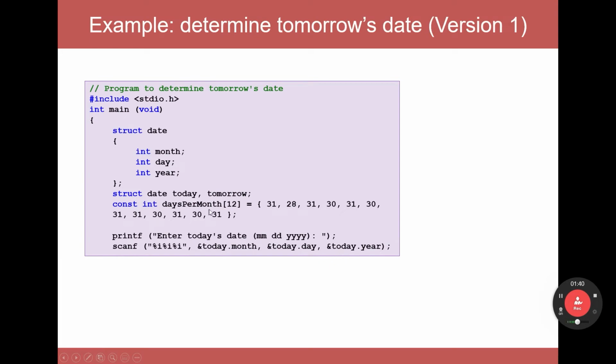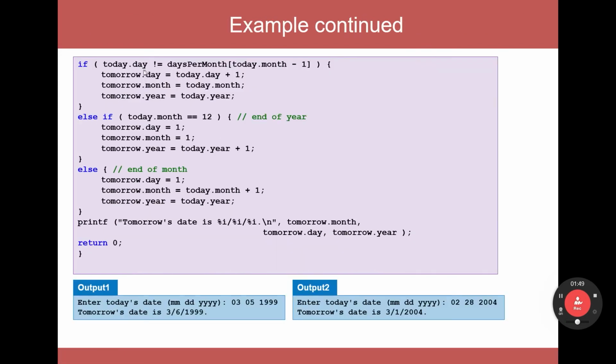If you remember, we recorded the days per month in one array like this, and then we created one structure, today. We look at the day inside this structure today, and check whether it is equal to the end of the month or not.